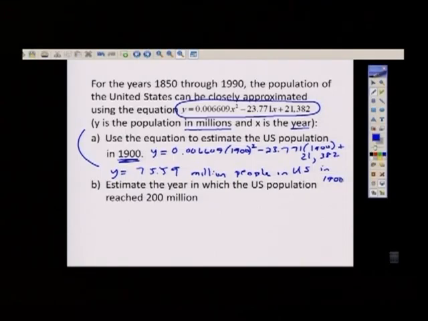Now, part B is a little trickier. It wants you to go backwards now and figure out the year in which the U.S. population reached 200 million. So I'd like you to try that problem, please. Okay, for this problem, remember Y is in millions, so we're just going to put the 200 in for Y, not the 200 million.